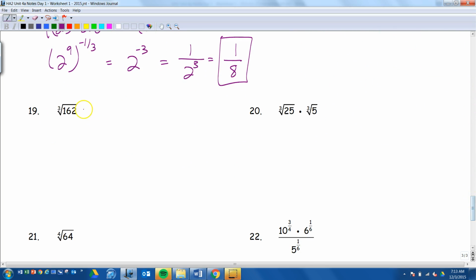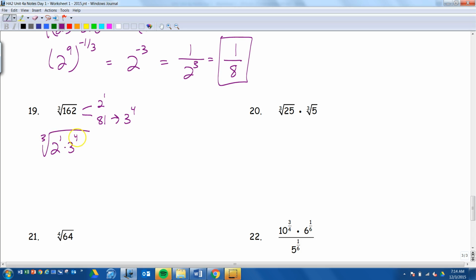162, we got to break that number down. If you take 2 out, you get a 2 to the 1st, and then we get 81, which we've talked about already, is 9 squared, or 3 to the 4th. So here's what I have. I have a 2 to the 1st and 3 to the 4th. 1 divided by 3, it can't come out.